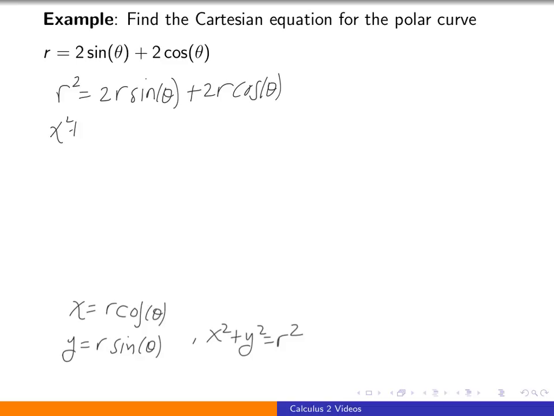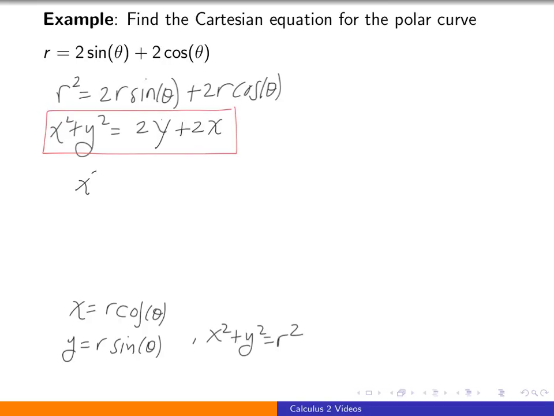So x squared plus y squared is equal to 2y plus 2x. If we're just looking for a Cartesian equation, we could certainly stop at this point and say that this is a Cartesian equation. But in this form, it's maybe not clear exactly what this Cartesian equation is, so let's take it a step further.